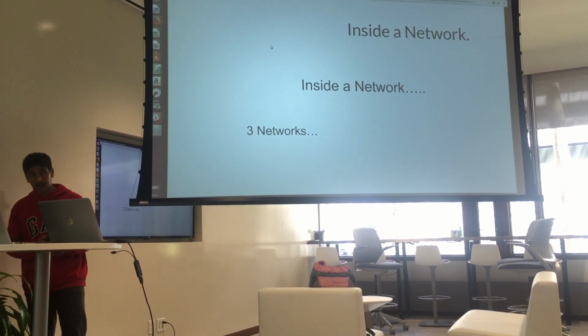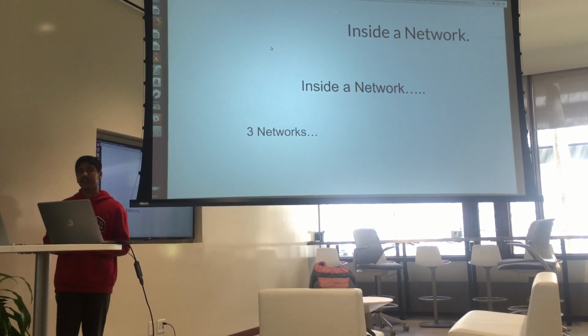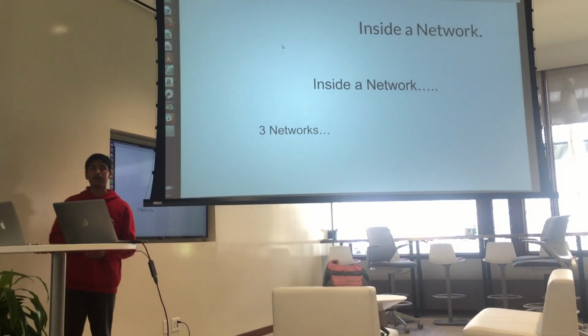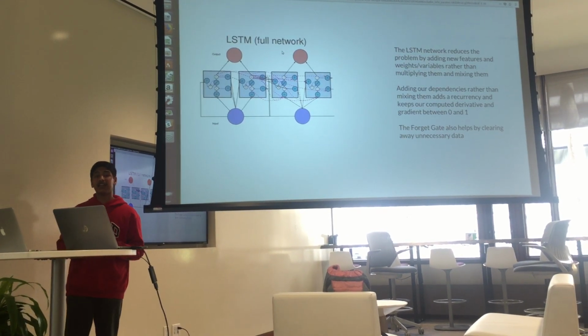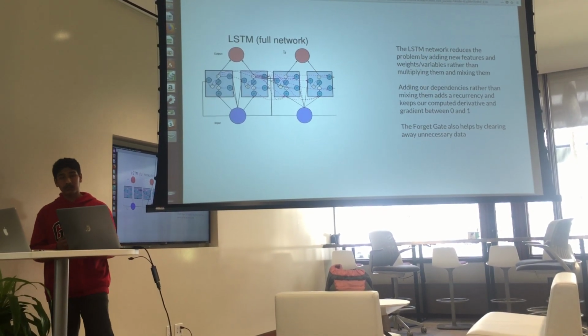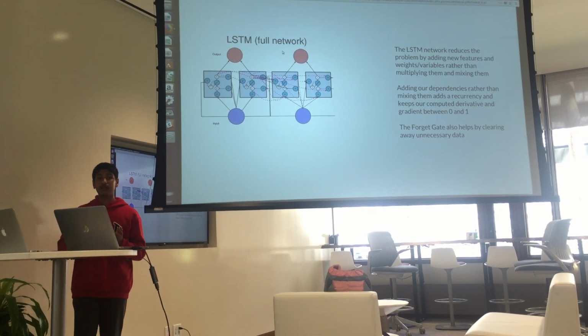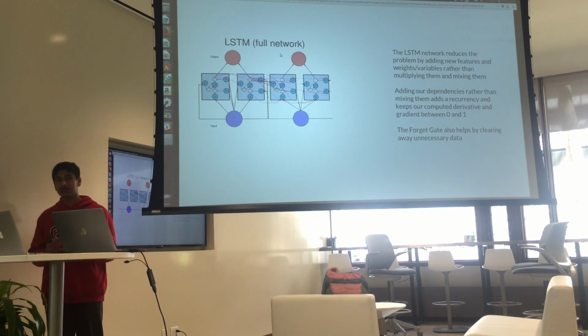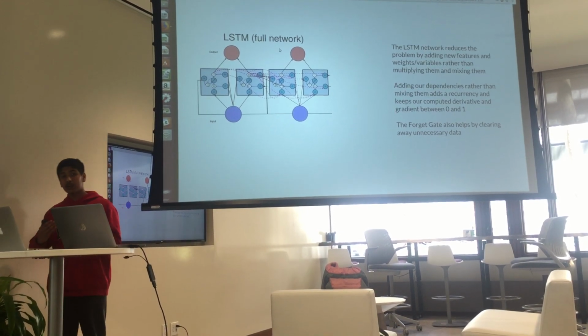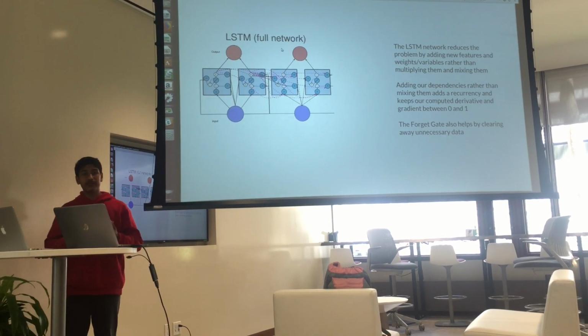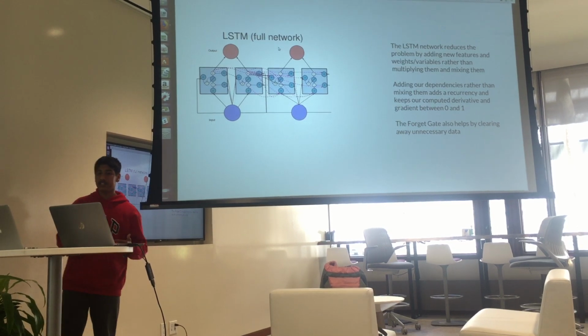So I went over the LSTM, but I really didn't say how it reduces the vanishing gradient problem at all. To summarize, it reduces the problem by adding new weight matrices and new equations instead of mixing them and multiplying them. Because if we mix them and multiply them, they either get too large or they start to gradually decrease as we propagate them through each time step.